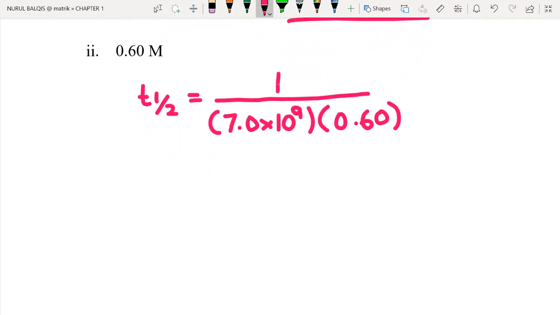Lastly, the half-life will be 2.4 times 10 to the power of negative 10 second.